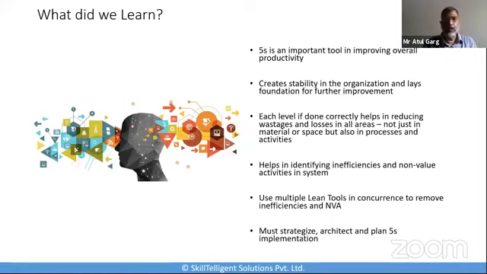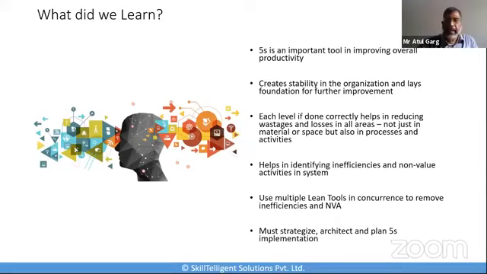It doesn't just lead to material or space being freed up, but also helps in improving processes and activities. 5S will always help in identifying inefficiencies and non-value added activities in the system. If you do it correctly, you will identify the non-value added activities, not just in material or components, but even in activities and processes.